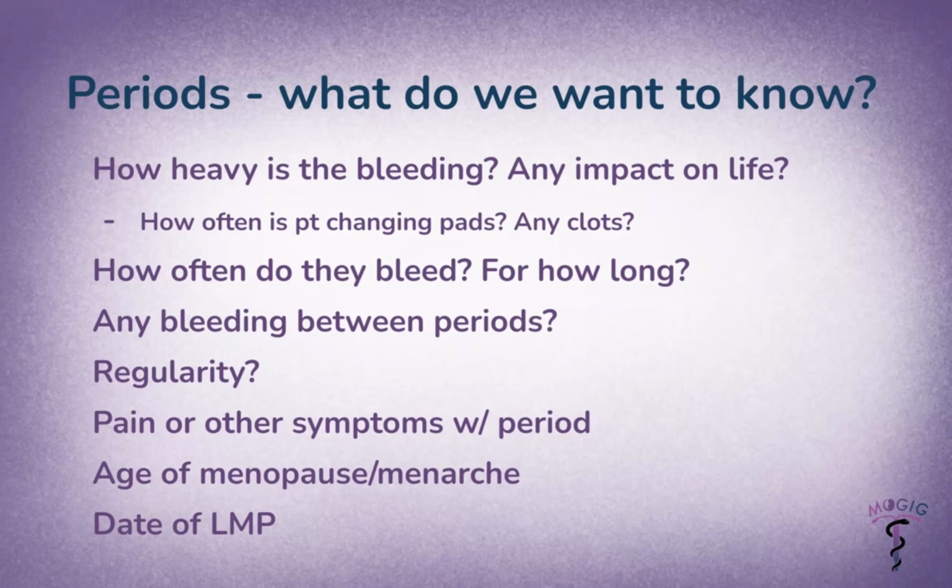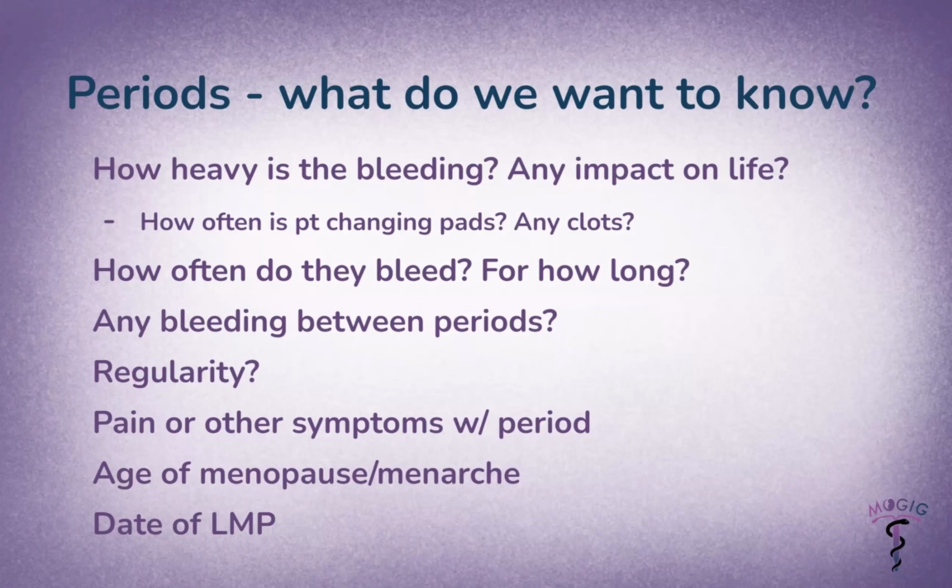So really trying to nail down with people how regular are these periods and when is the bleeding occurring and for how long. You then also want to ask how regular they are, because that's going to give you some important information about how their cycle's going and how much bleeding they're having as well, all up. Another thing to ask about is any pain or other symptoms that go along with the period.